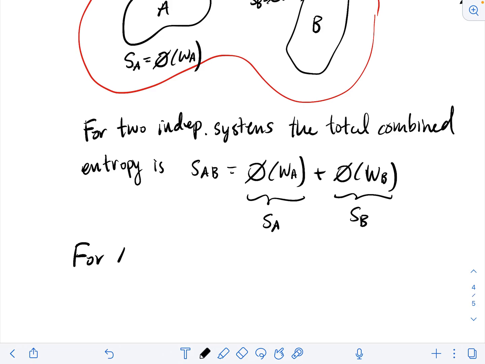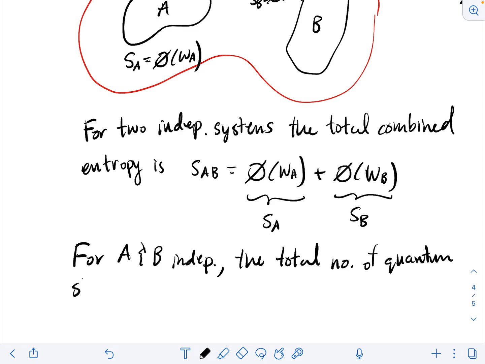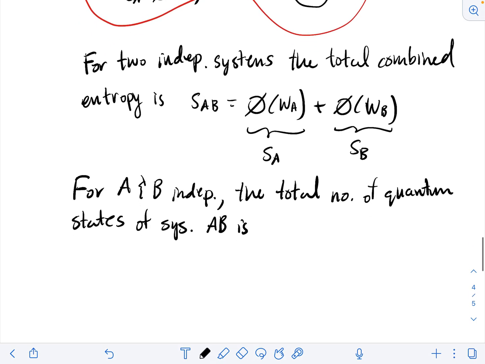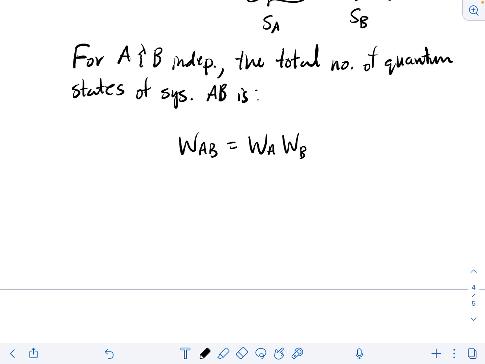For A and B independent, the total number of quantum states or microstates of system AB is, I claim, just the product of the number of microstates of A and the number of microstates of B. I think we can demonstrate that for a small number of states.